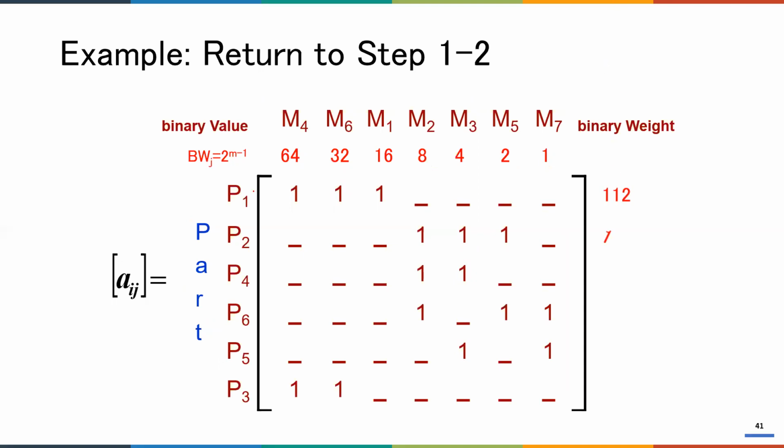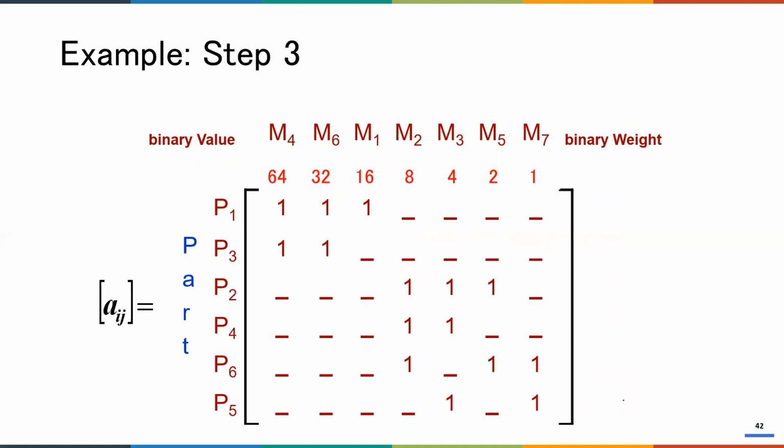So again, we calculate the binary weight, then we calculate the decimal equivalence. And as we can see here, it is not actually sorted according to the weight yet. So we rearrange it, according to the previous slide, and we can find it like this.